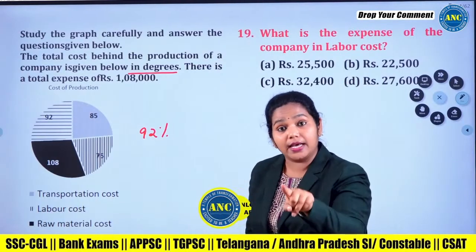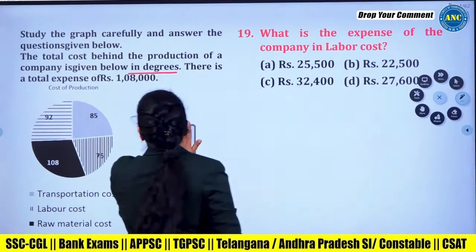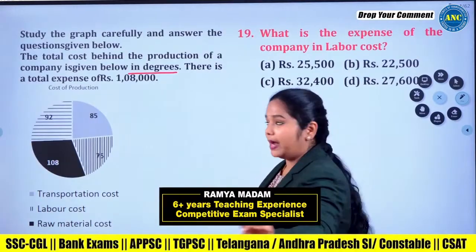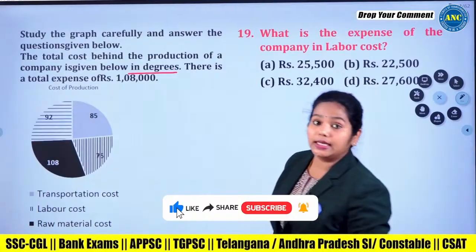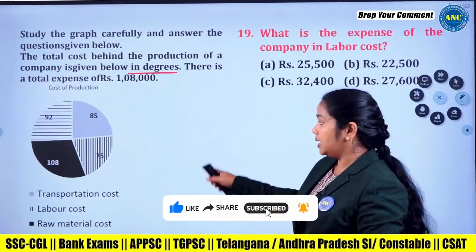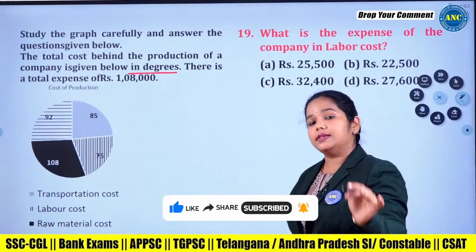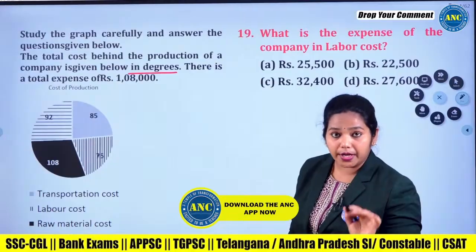You might consider, I am telling. You are not going to consider, but still, when you are doing it in the examination, you might consider this to be in percentages. But in the question itself, it's very clear that it is degrees. So the question is mentioning that the data is given in degrees. That is the reason why reading the question is very, very, very important.